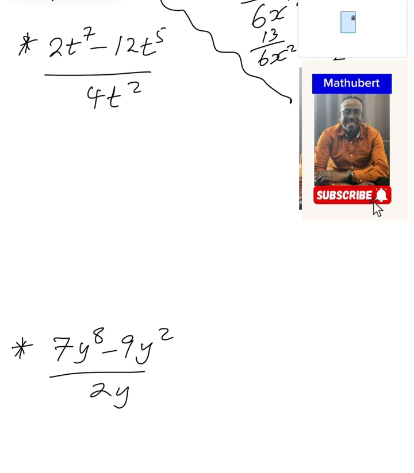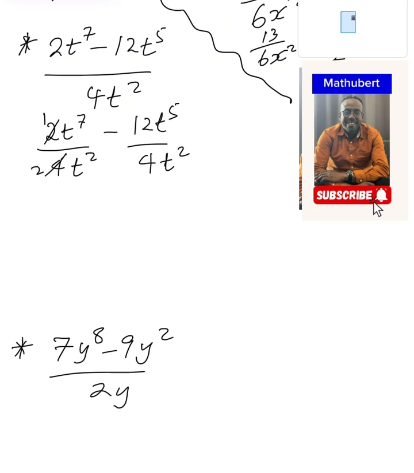I hope you've been able to try them out. As usual, I'll do it with you here. I'll split. This will be 2t to the power of 7 divided by 4t squared, subtract off 12t to the power of 5 divided by 4t squared. One thing we can do here, this remains 1, this remains 2, we can make it easier.